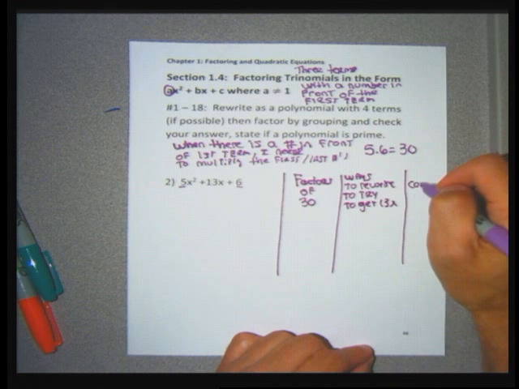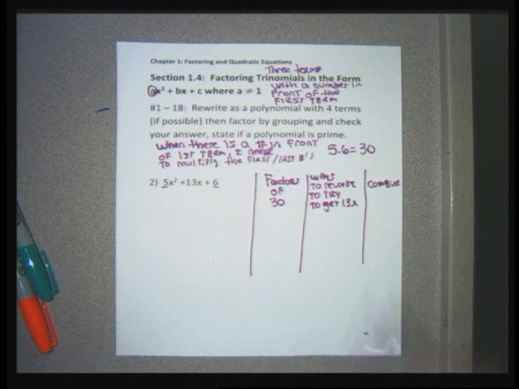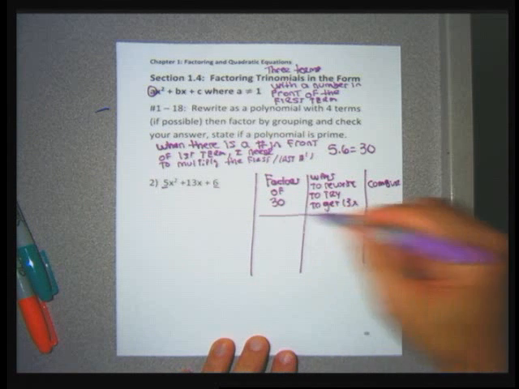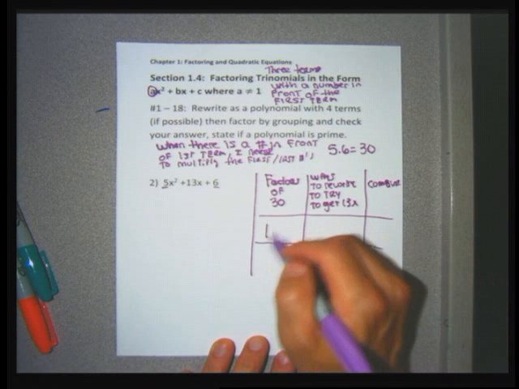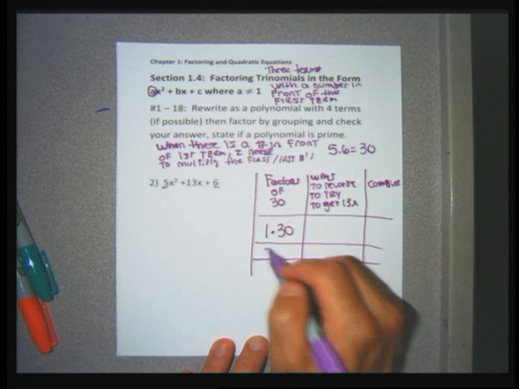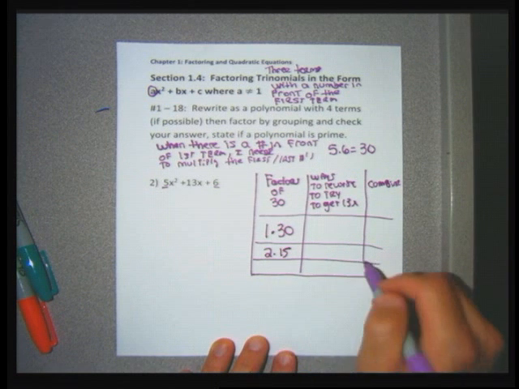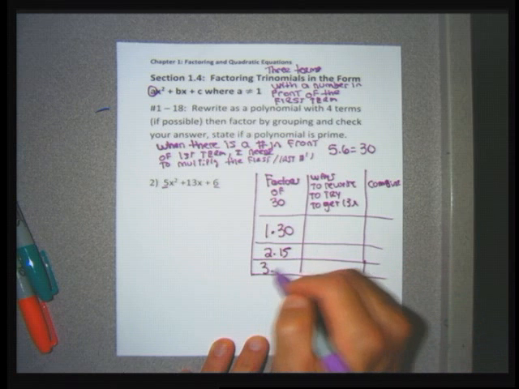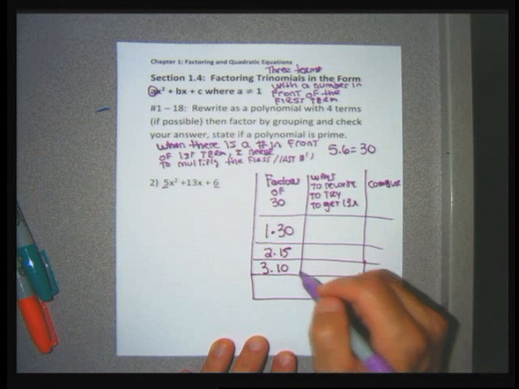So I'm going to do just like I did for grouping in the last section. I have my target number. I'm going to write down the factors of that target number. So 1 times 30 is 30. 2 times 15 is 30. 3 times 10 is 30. And leave enough room. 5 times 6 is 30.